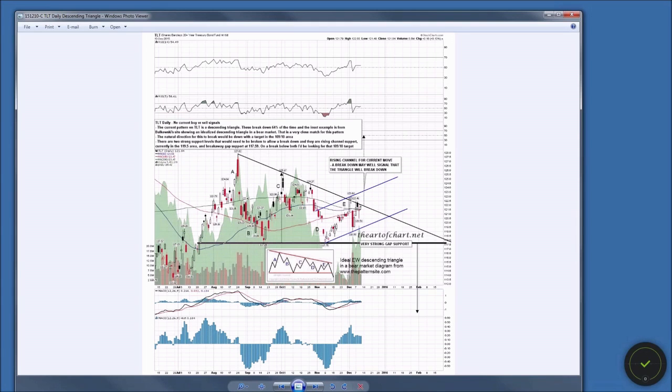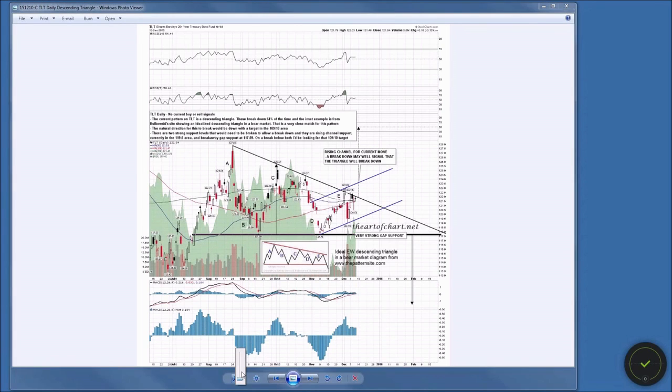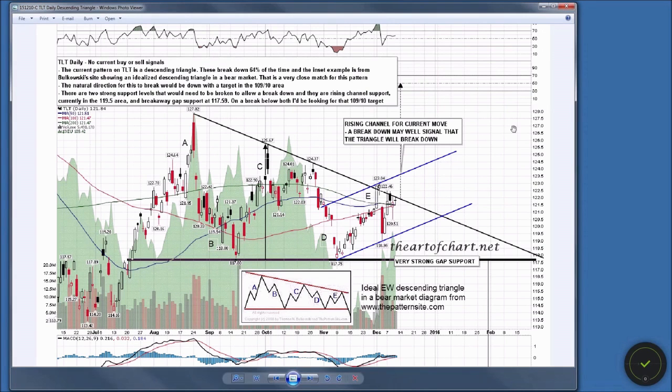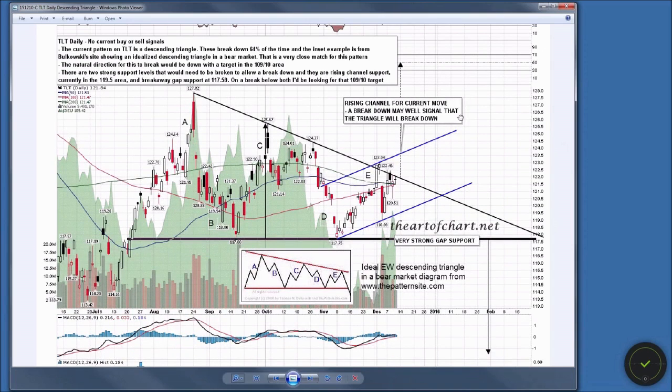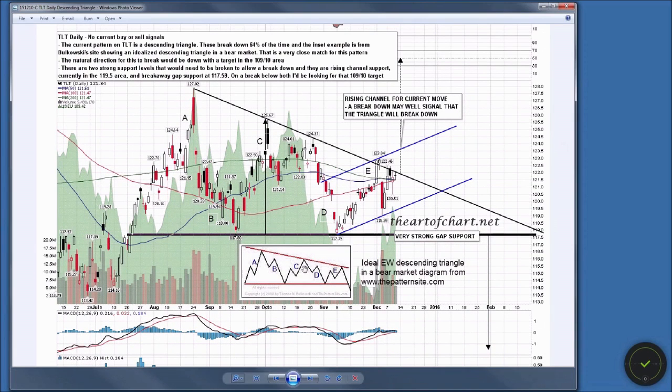I was asked for this a couple of times from subscribers. So I've had a look at TLT, and Stan was talking about this breaking down this morning. I'd really like it to break up. I'd really like a retest of the highs and then fail, but it's not going to. I pulled out this diagram from patternsite.com, the very good Bulkowski site, of course, and this is a diagram of an ideal descending triangle in a bear market.